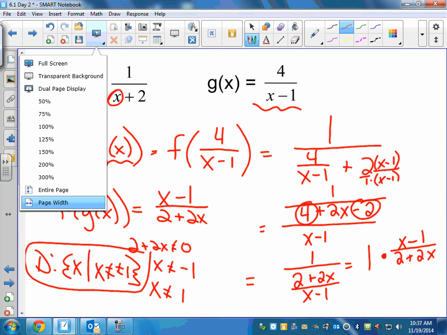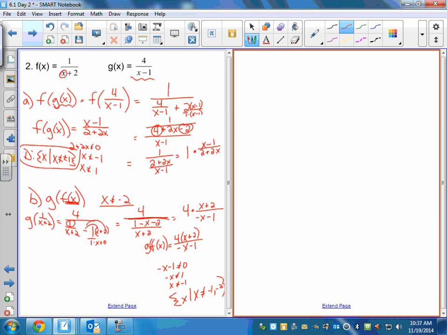Go ahead and page this so that I can see. So C is g of g, so that would be 4 over x minus 1 minus 1.